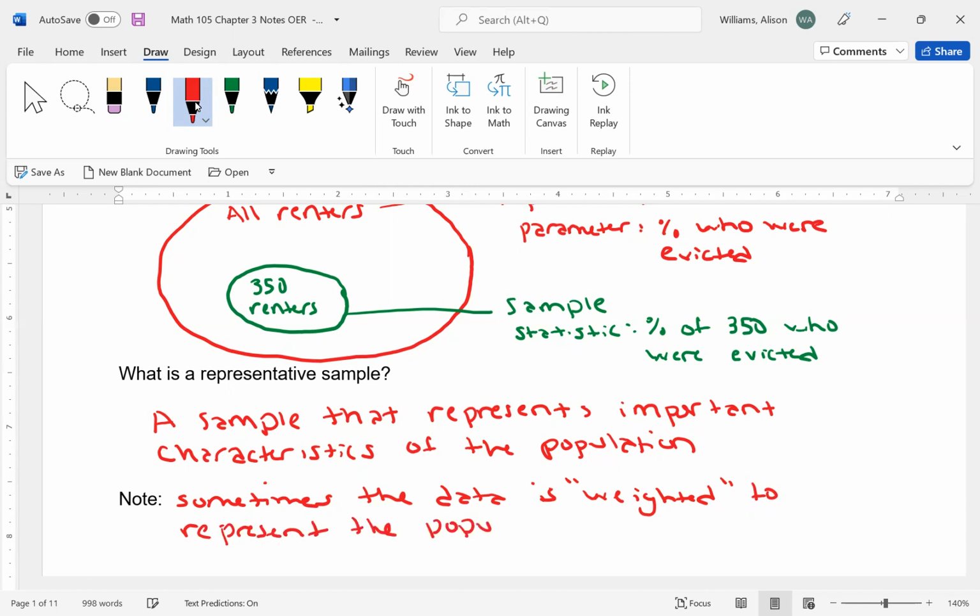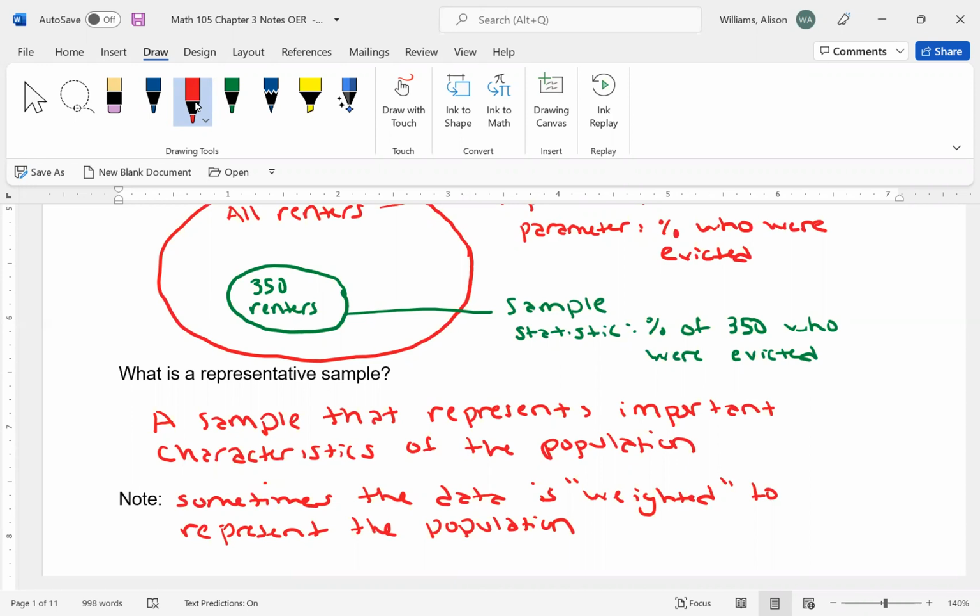So for instance, let's say you're looking at a group of people from Oregon, and we happen to know that the majority of our population is white, and then the next biggest ethnicity is Hispanic. And when I look at my sample, let's say there's some more Hispanics in the sample than there would be in our population.